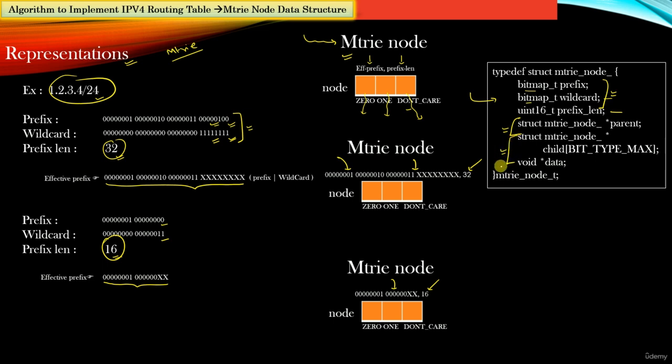This we will discuss when we discuss the algorithm. Each node also contains some data which we will also discuss then. The point here is that you should understand the mtry node data structure and how we store the effective prefix in this data structure as well as the prefix len.